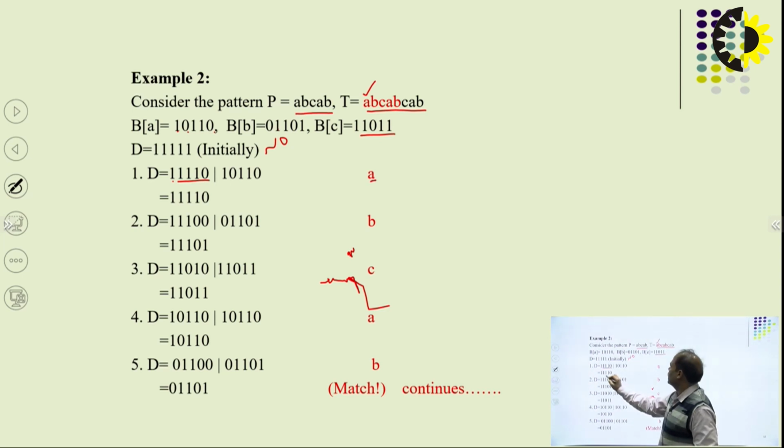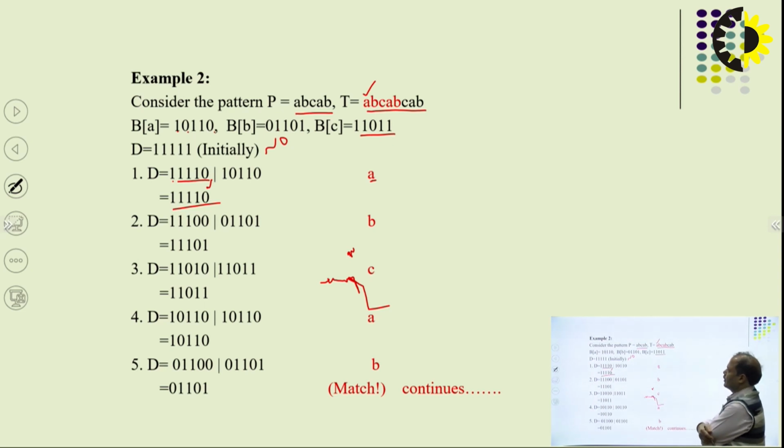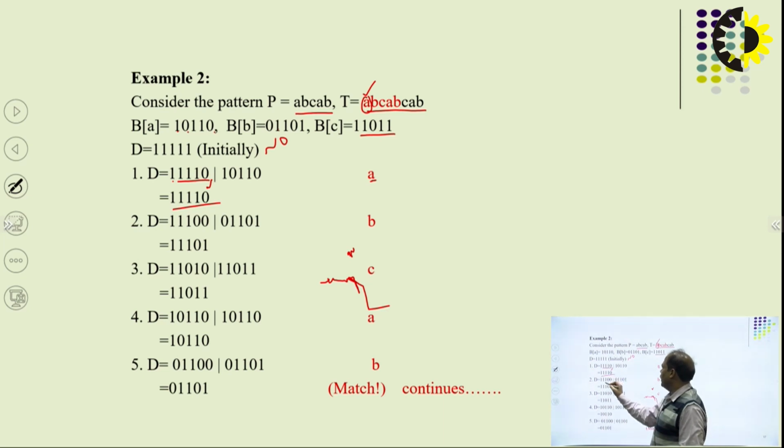So look here, any position 0 indicates that we are done up to 1 character. That means yes, we are done up to 1 character. Same thing, you have to left shift it again, right? And then B of the next character is B. It's very simple. 0 indicates that up to 2 characters we are done.